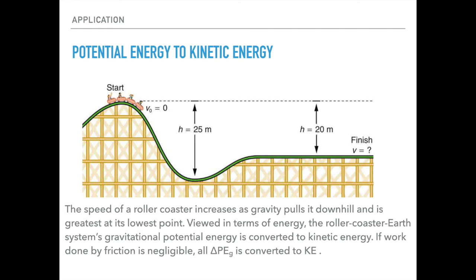The nice thing about using energy is that we don't have to worry about the fact that the roller coaster initially goes down 25 meters. We only have to worry about the change from the beginning to the end.